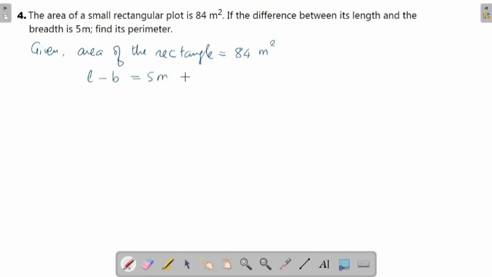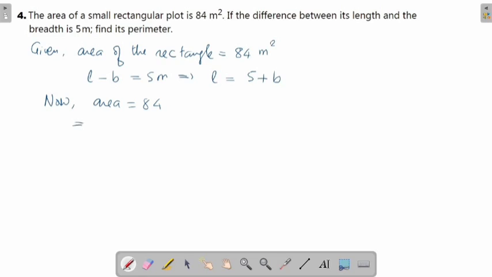Okay, so from here what we can do is, we can take L equals, take this B over there, so you have 5, so you get 5 plus B. Okay, now you need to find the perimeter, right? Now remember, area is given to be 84, right?